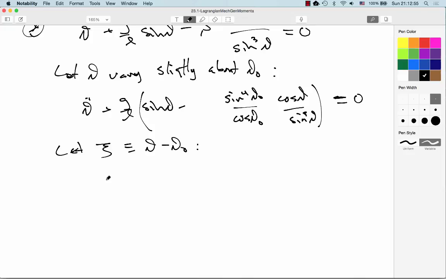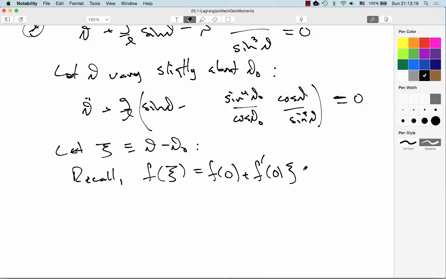So if we recall our Taylor expansion, we can write our f of xi as f naught, so that would be when theta is theta naught, plus f naught prime times xi, plus second derivative xi squared over 2 factorial, and such.